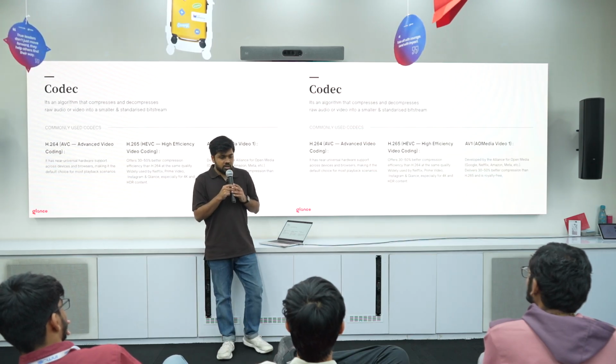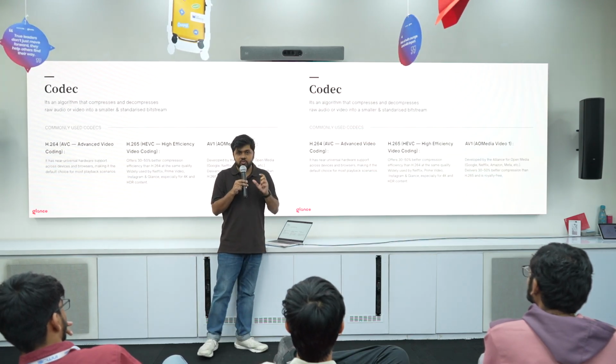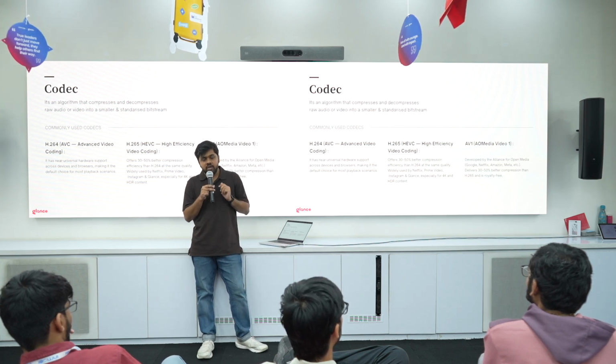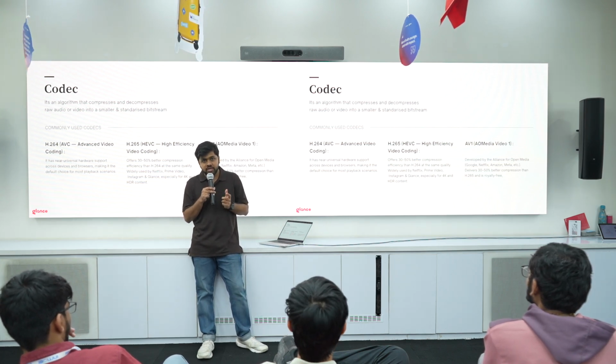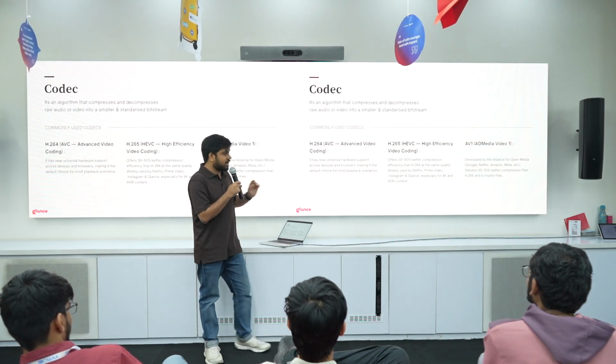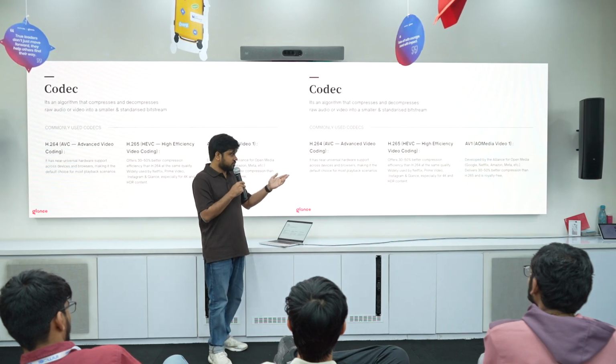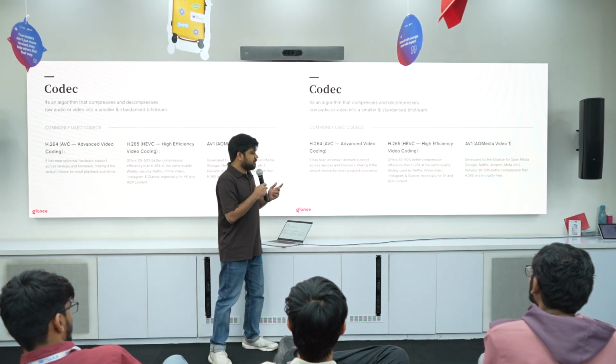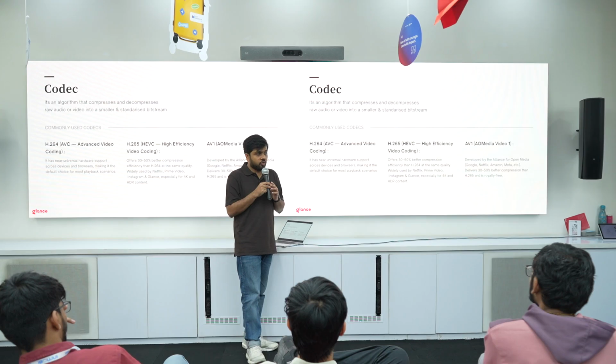And since we are able to transport much less data on the same bandwidth, we also get to optimize on load time and buffering time for the user. This codec is used by almost everyone. We also use it in Glance, especially since it supports 4K videos.